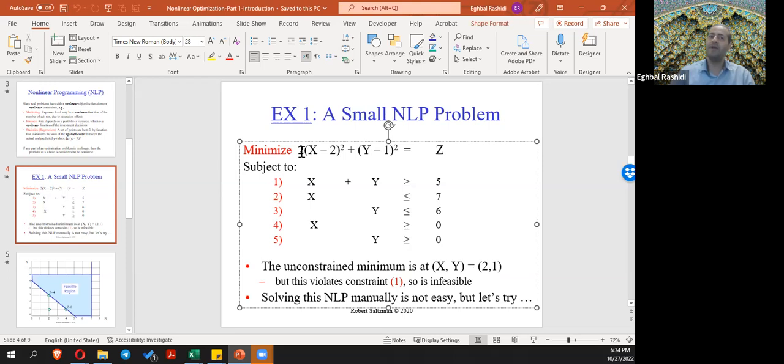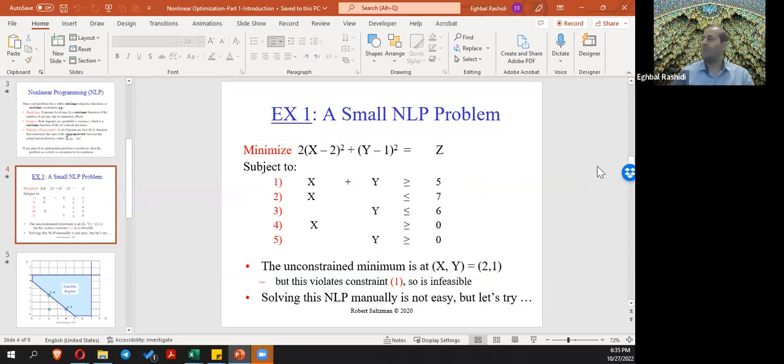If only one part were nonlinear and the other linear, it would still be nonlinear. Any violation is going to make it nonlinear. The constraints are linear actually, but that doesn't help. The objective function is still nonlinear, so we're going to classify this as a nonlinear programming problem, NLP. So it's a fairly simple model.